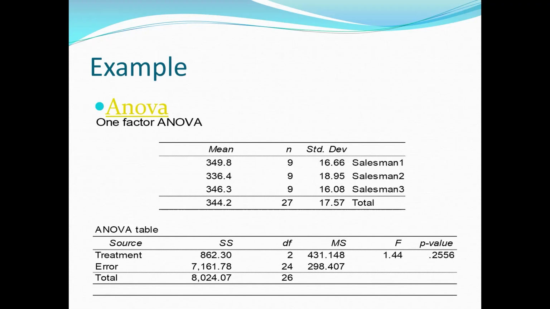Okay. So many things are given there. I am not going into that. We look at F value and P value. See here, F value, P value. P value is 0.2556. P value should be less than 0.05. Only then we can say that this difference which is there in the sample is applicable to the population.